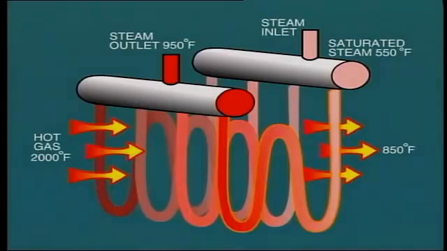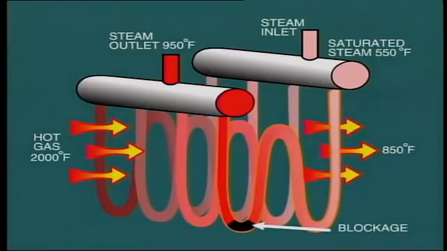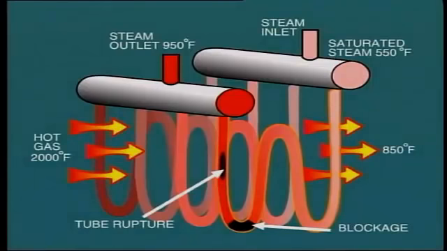If for any reason this steam flow stopped in any particular tube due to a blockage, then the tube metal would rapidly overheat and rupture. This would then allow high-pressure steam to spill out into the gas passages.